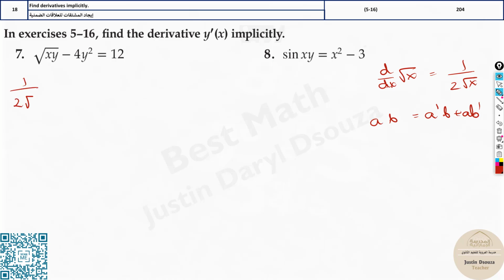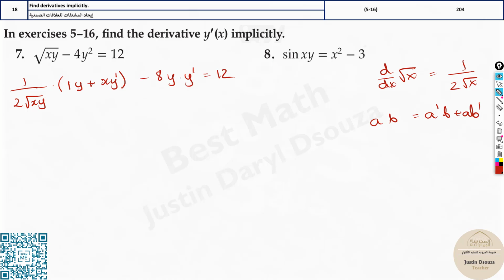It will be 1 by 2 square root of xy, multiplied with whatever is inside. What is inside? It's xy. Now we have to use the product rule. Derivative of x is 1 times y plus x times y prime, minus this 2 comes down, it's going to be 4 times 2, it's 8y times y prime, that is equal to 12.